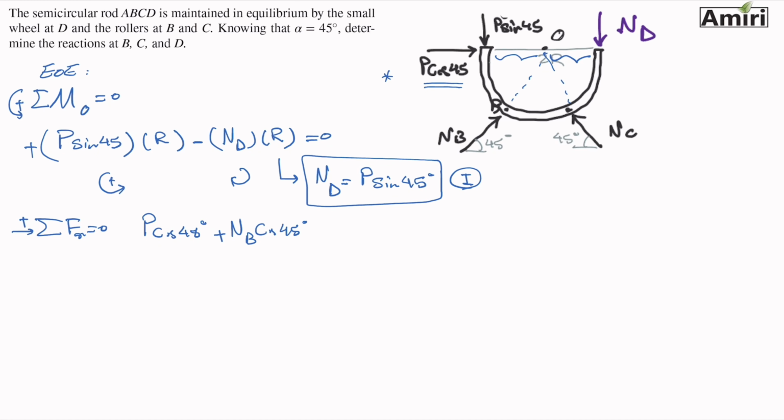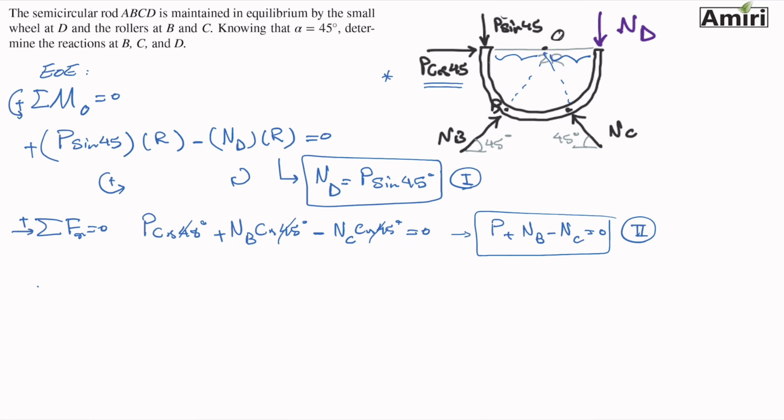Then kind of moving on, I see an NC, cosine 45, and that is a negative. And then that's it. ND is vertical. All right, I could just get rid of cosine 45 in all of that. This should result in P plus NB minus NC equals 0. Okay, that's a nice equation, but there are two unknowns in it. Let's name this equation 2.